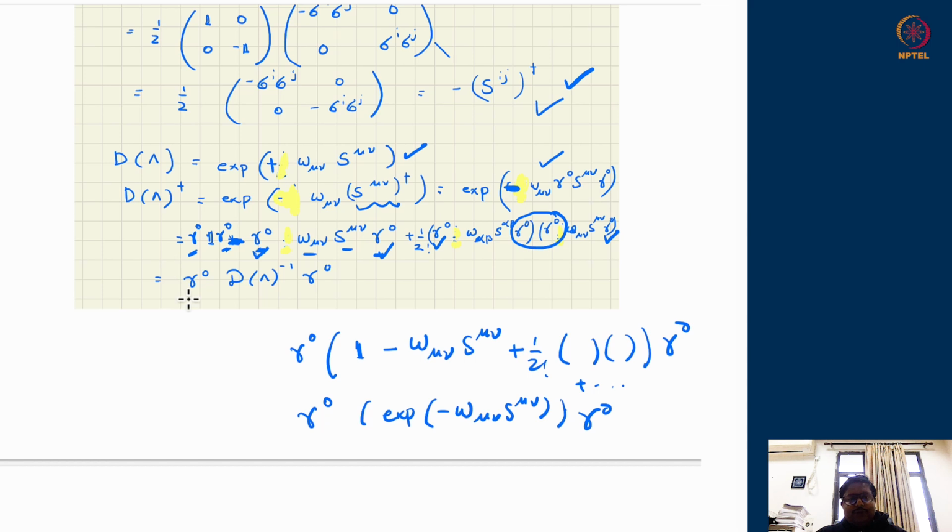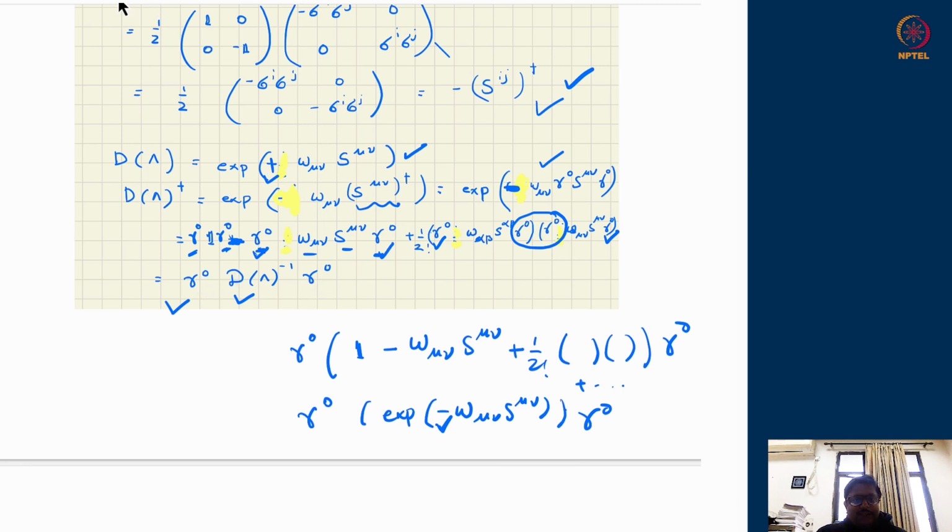So therefore, after taking the dagger, you are going to get gamma naught, the inverse transformation. The direct transformation matrix comes with a plus signature. The inverse transformation comes with a minus signature. So you get gamma naught d lambda inverse gamma naught.